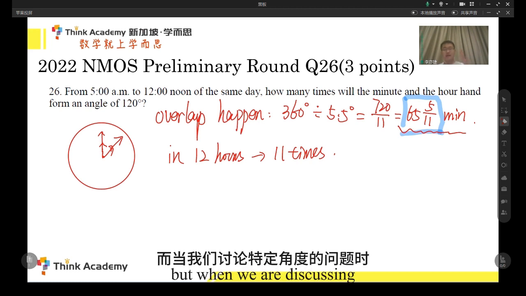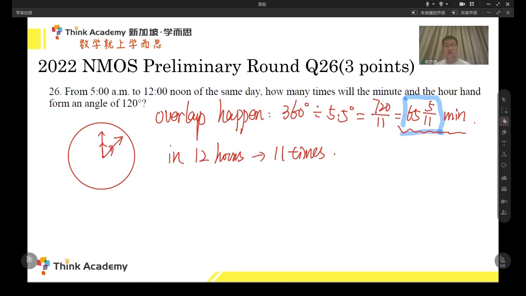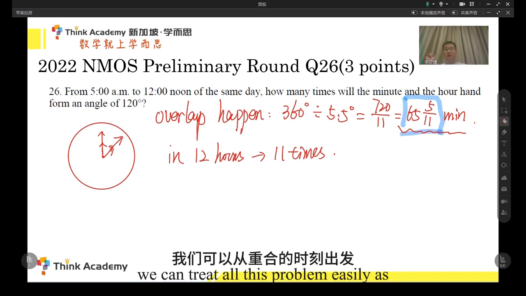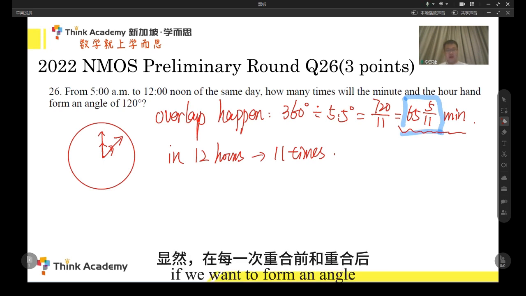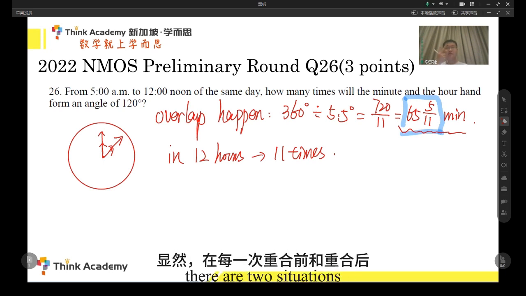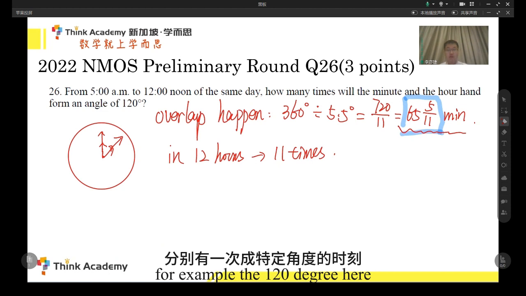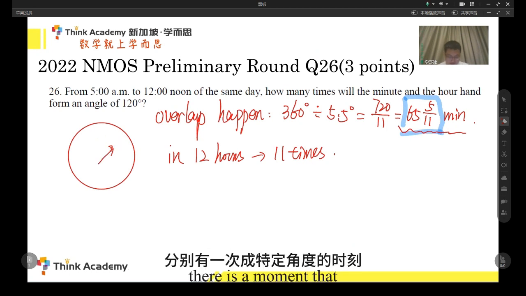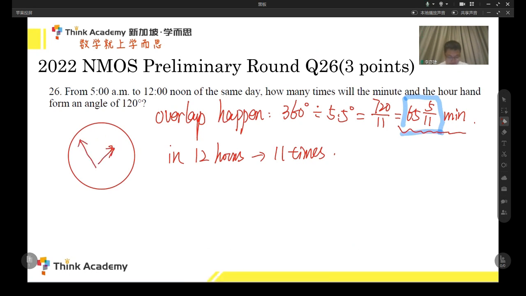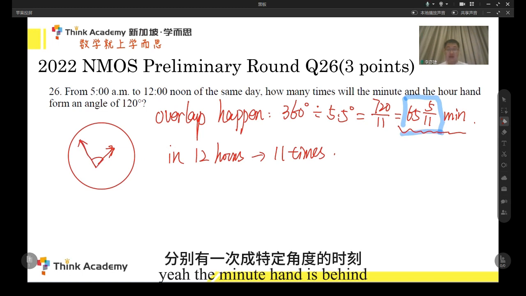But when we are discussing these two hands forming a certain angle, we can treat all these problems easily. If we want to form an angle, there are two situations. For example, the 120 degrees here. Now we can think about it from the overlap moment. Obviously, before the two overlap, there is a moment that the minute hand is behind the hour hand by a certain degree.